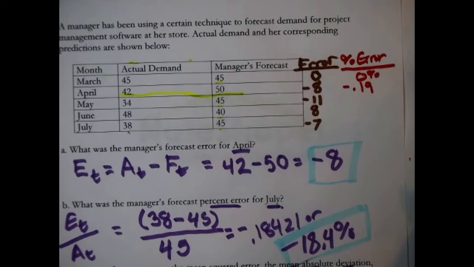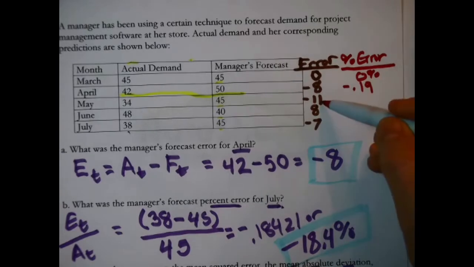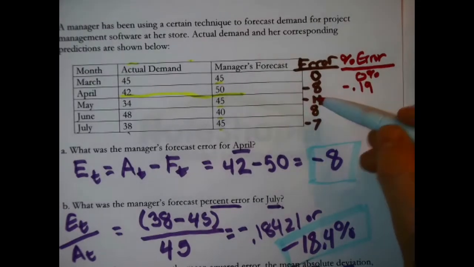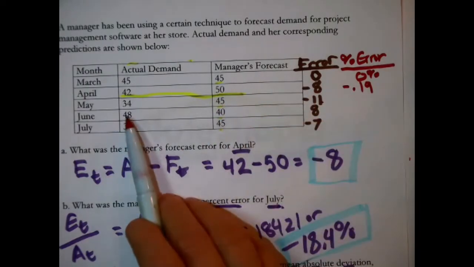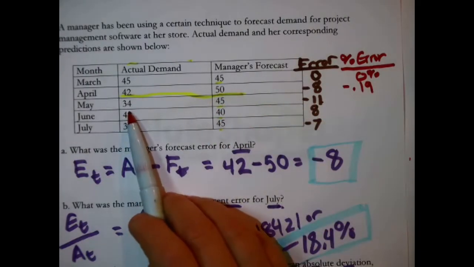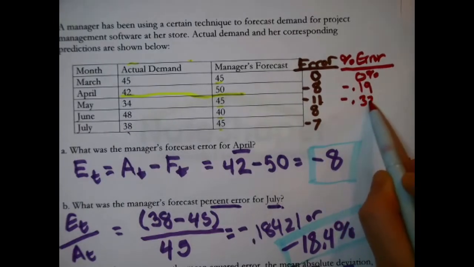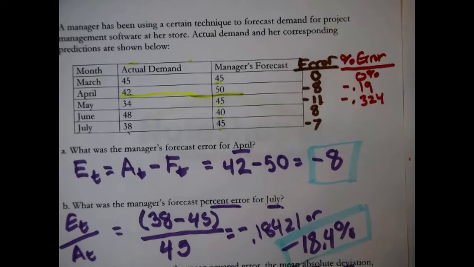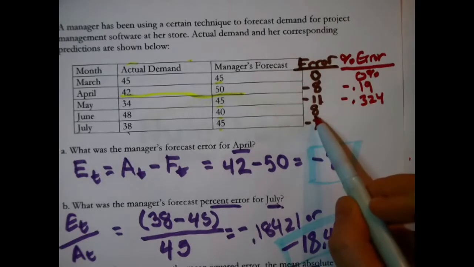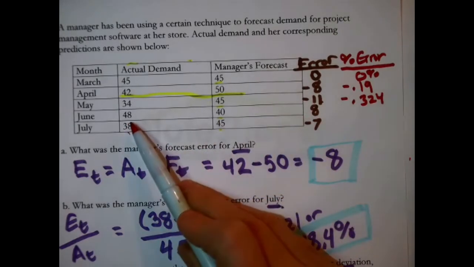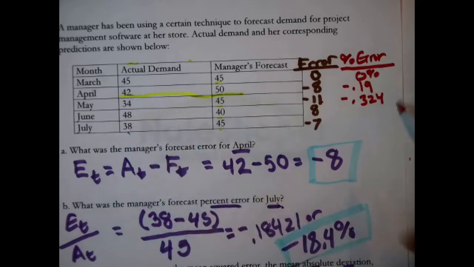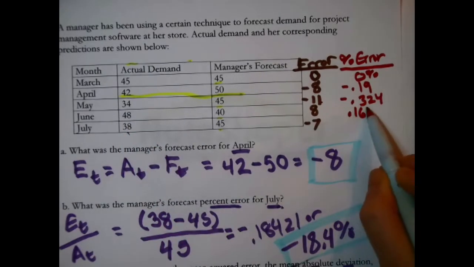For May, the error is -11 divided by, let me trace it over here, the actual is 34, so I get a -0.324 on my calculator. For June, the error is a +8 divided by, look up, the actual is 48, so I get a +0.167.